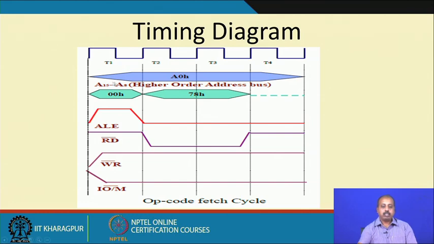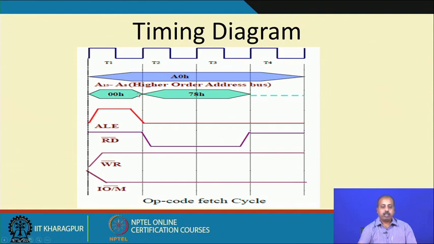So, this higher order address bus is getting a stable value after T1 has come down, after it has made a transition from high to low. So, this higher order address bus has got this value A0 in it.